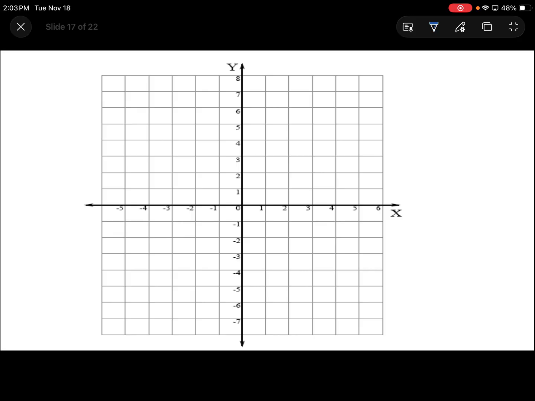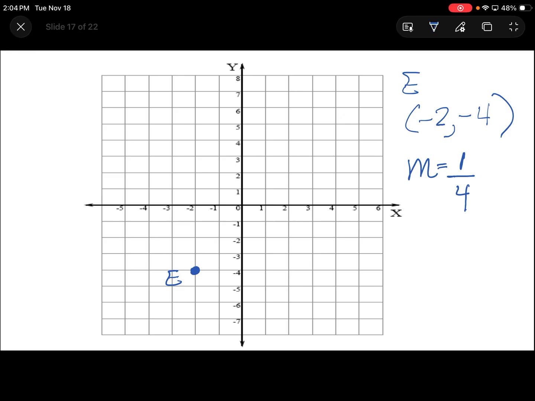Let's plot this point at, let's see, this is point E, at -2, -4. New graph. Now, instead of giving you the point, I'm going to give you M. M is 1/4.